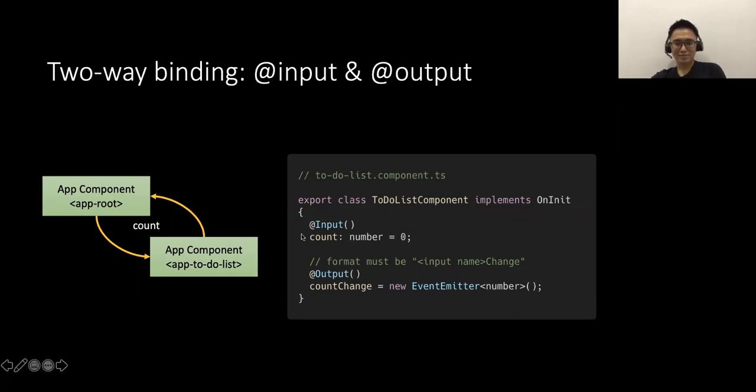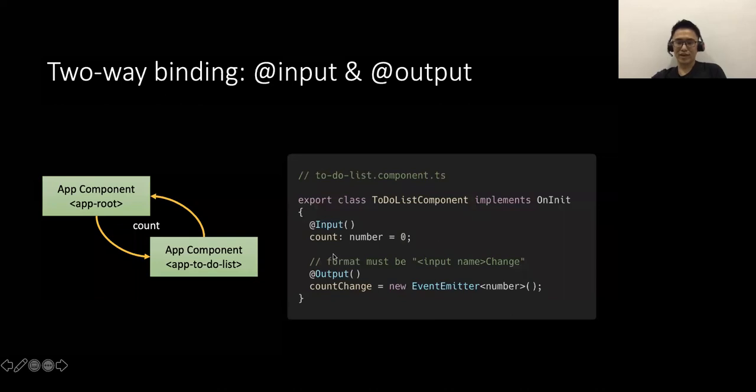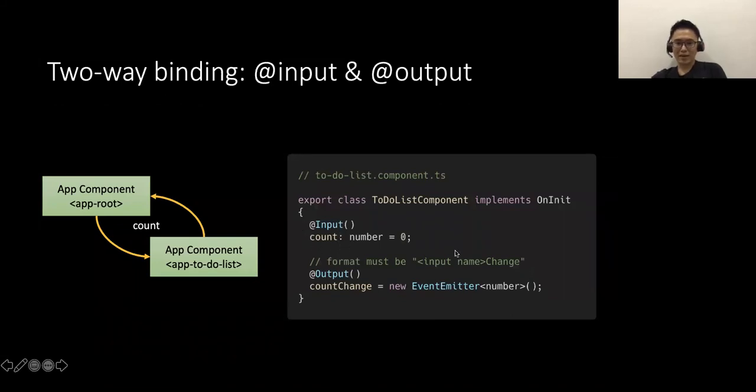First of all, we need to create an input, and the name is your preference. For this use case, I call it count. Okay, and then we need to create an output as well. The format must be the input name plus Change, and the Change must be a capital letter.